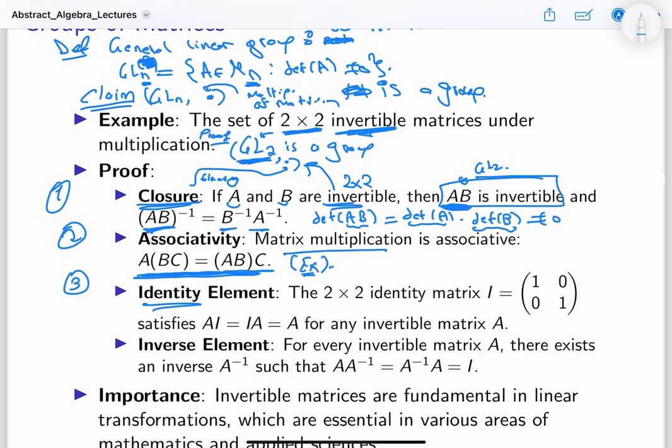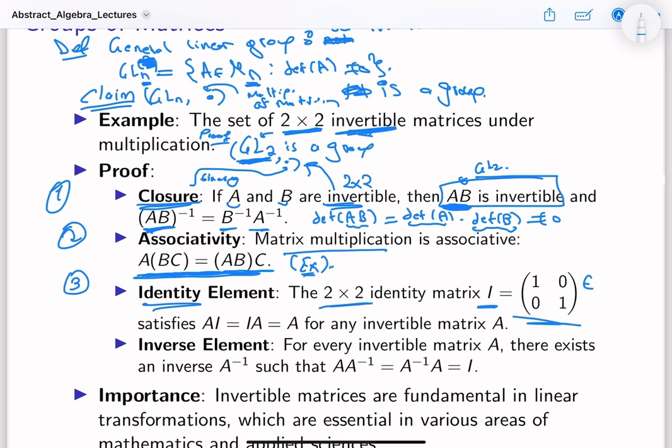And obviously the first thing to think of, as people who studied linear algebra before, is the identity matrix, right? So you check, does the identity matrix work? Well, it turns out that it does. And you check this, well, let's take I to be the identity matrix 2 by 2, because we're talking about 2 by 2 matrices.